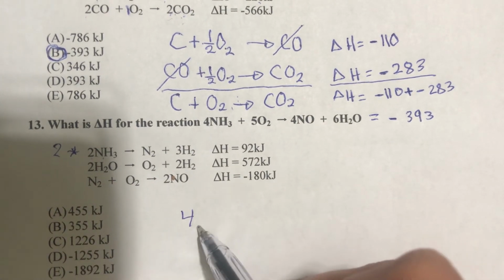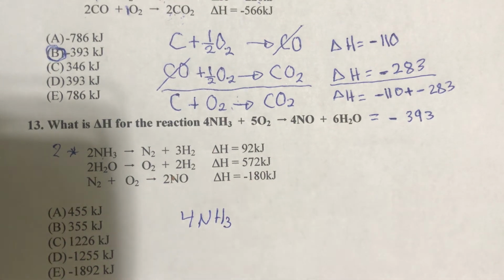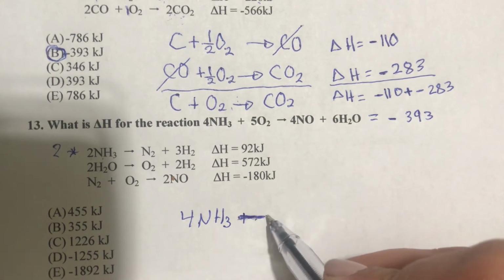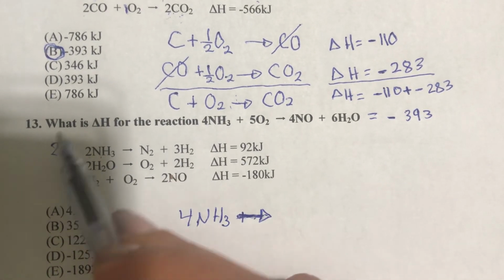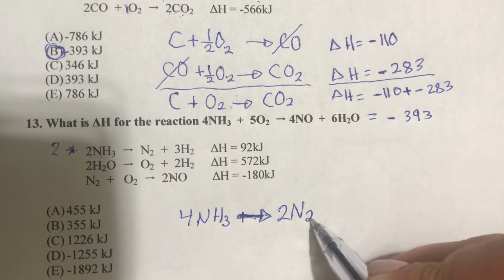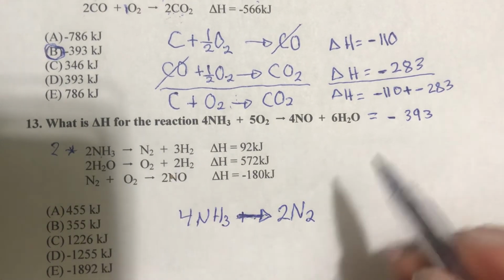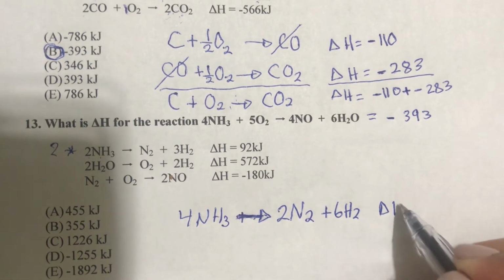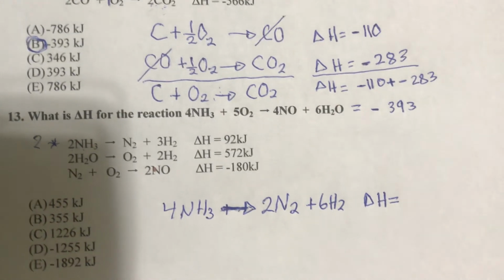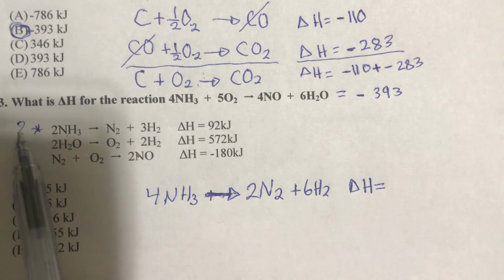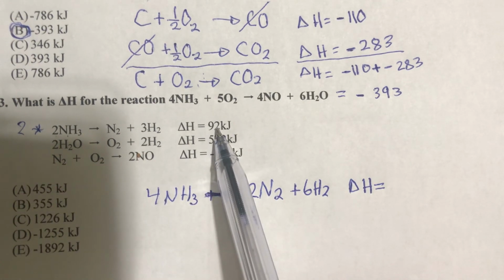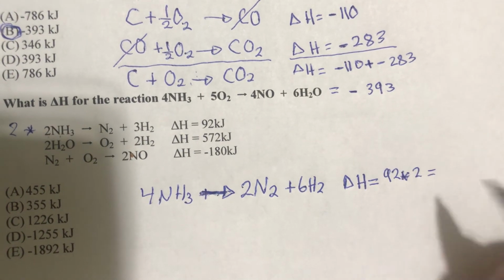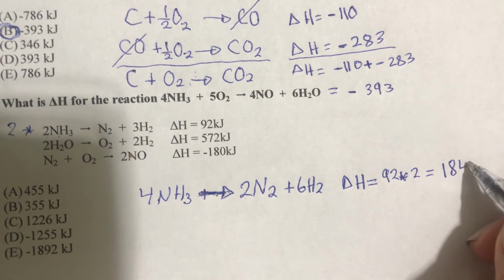So 4 mole of ammonia decomposed to 2 mole of nitrogen and 6 mole of hydrogen. Here you multiply the equation by 2, so you have to multiply delta H by 2. So 92 by 2, which is equal 184.